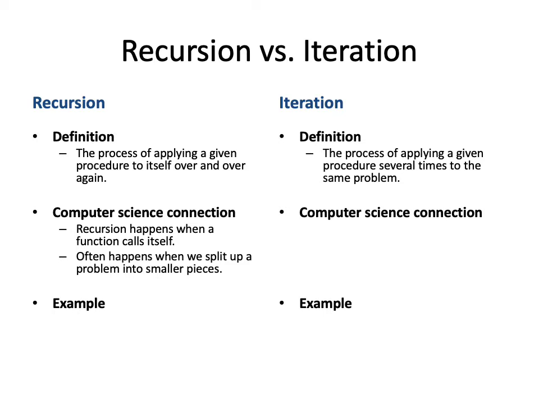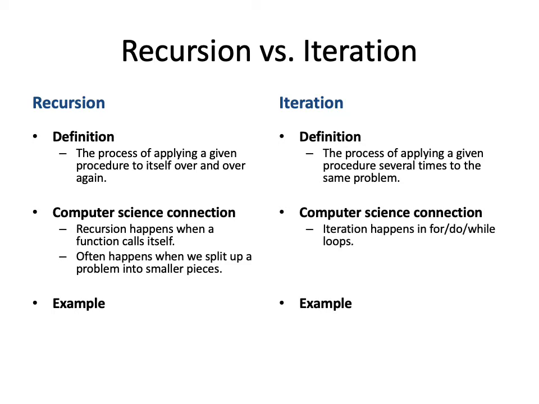We can also say that the factorial of n is equal to n times the factorial of n minus 1. And then the factorial of n minus 1 is equal to n minus 1 times the factorial of n minus 2, and so on and so on. In that case, you're splitting up a problem into smaller pieces and solving each one.